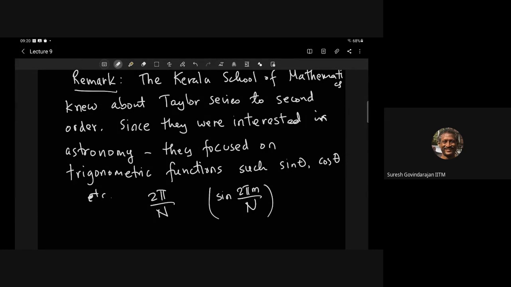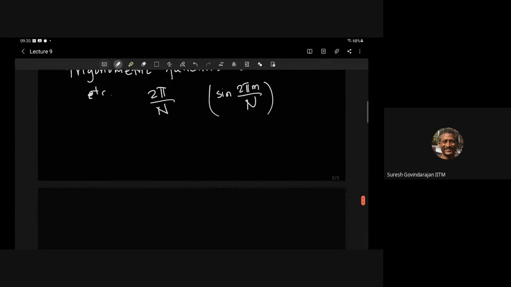It's a simple statement, and they implicitly used that. And you appreciate that this was done before calculus, well before Newton. So I kind of like the fact that a lot of things we do in physics can be understood if you understand Taylor series up to second order. First order will give equations of motion. Second order will tell you about stability in classical mechanics.